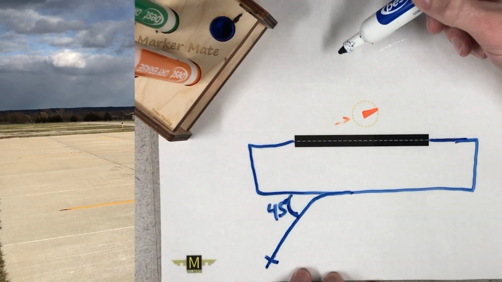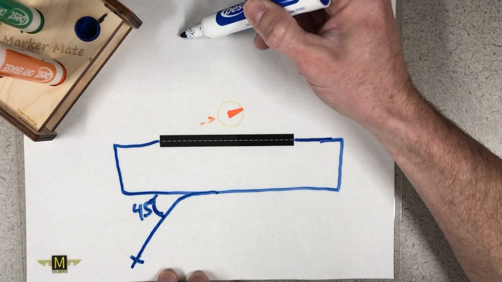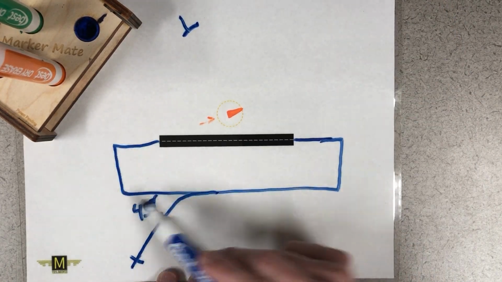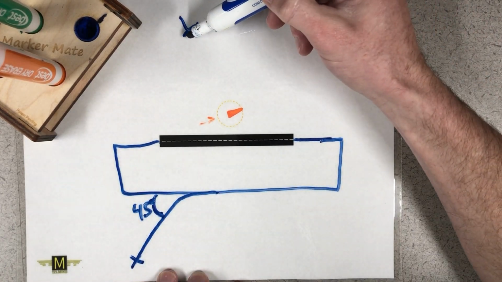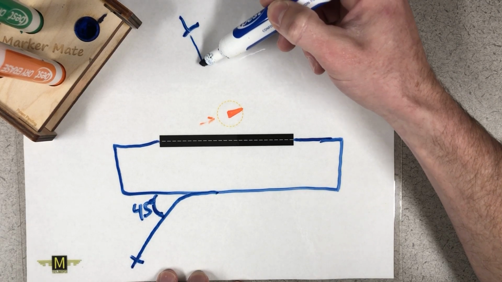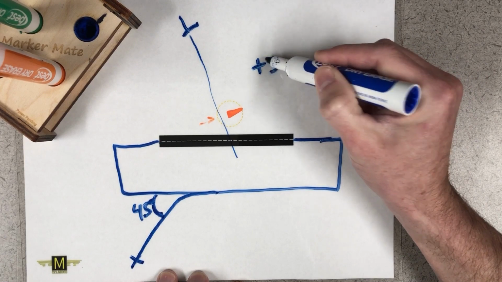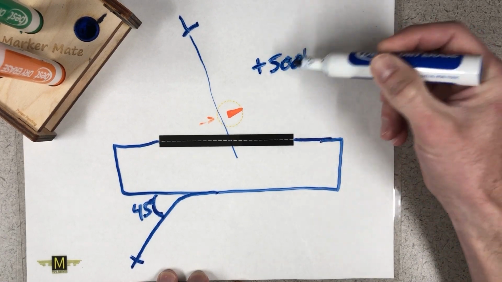If you're on this side coming in, and you've got to get to this side because we want to make standard left-hand traffic, what you can do is overfly midfield at about 500 feet above pattern altitude.